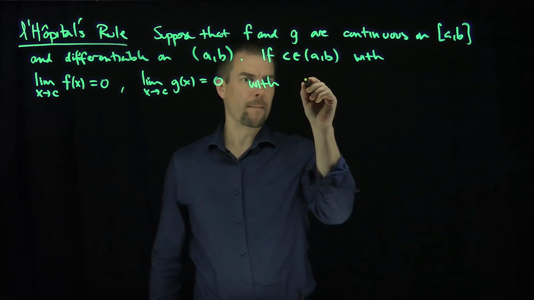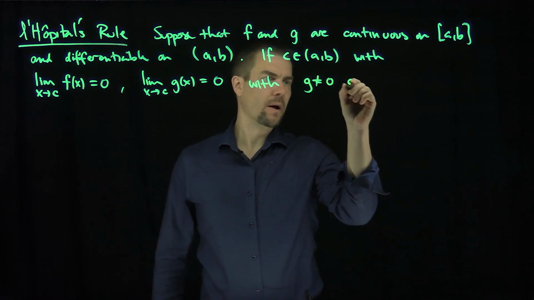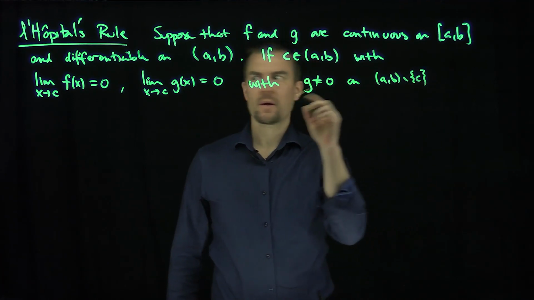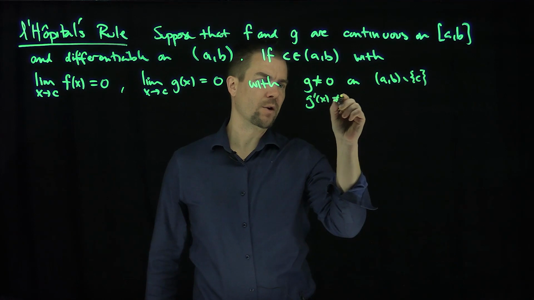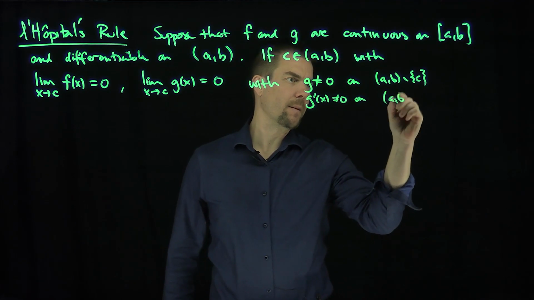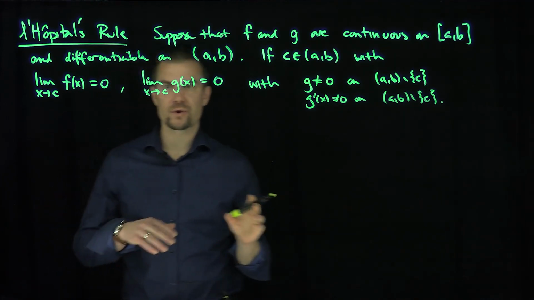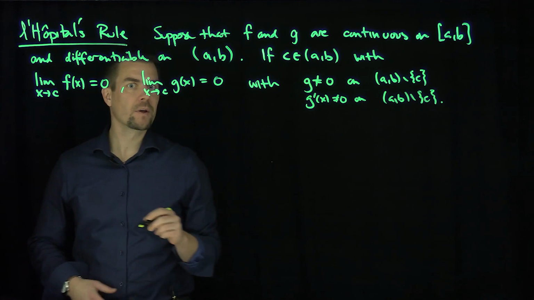So g of x not equal to 0 on (a, b) minus the point C, and likewise g prime of x not equal to 0 on (a, b) minus C. Okay? In other words, we're going to avoid issues where I can have a whole bunch of zeros in the denominator. I wanted to just take it out of the equation.